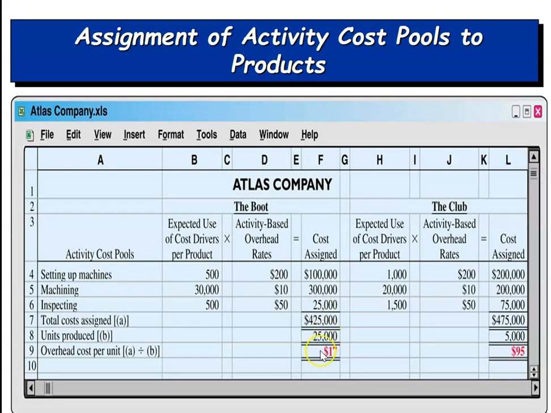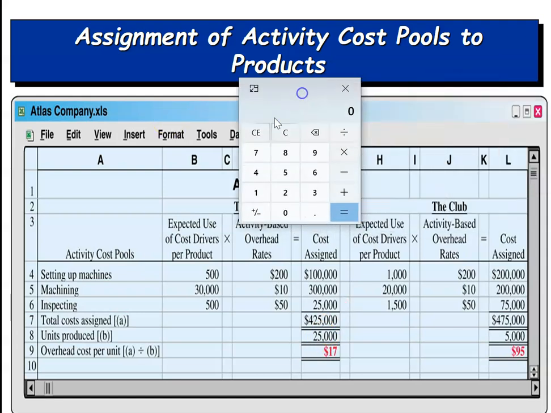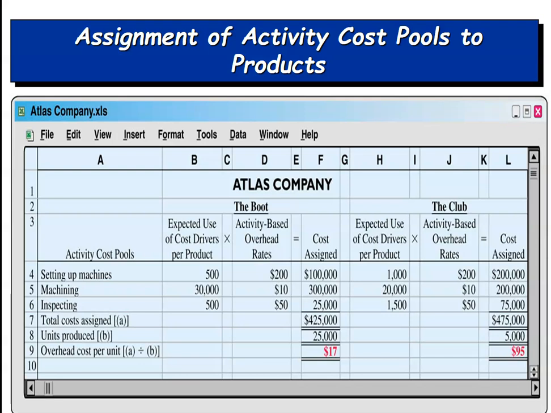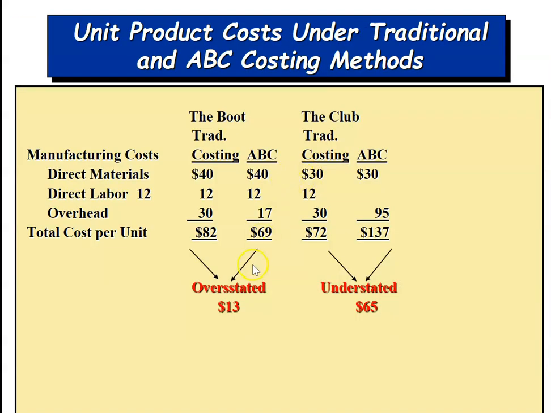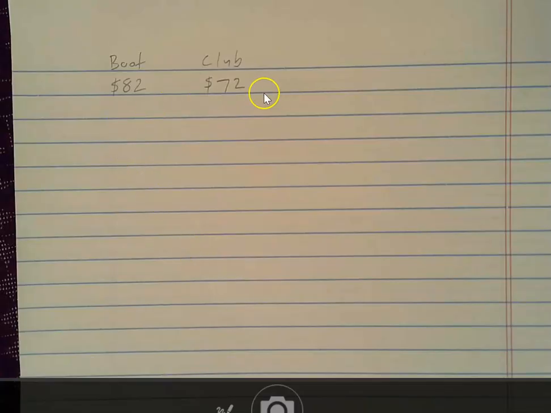Overhead cost allocation, 425 divided by 25. Let's just see here if I can bring this calculator back over. 425 divided by 25 is in fact $17 overhead cost per unit. And over here we have 475,000 divided by 5,000 units, $95 overhead cost.